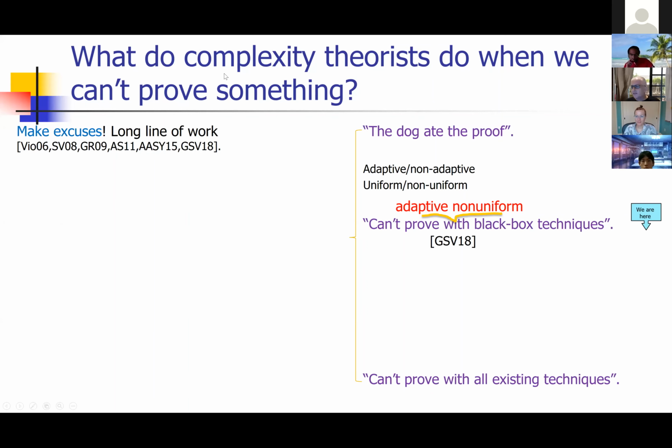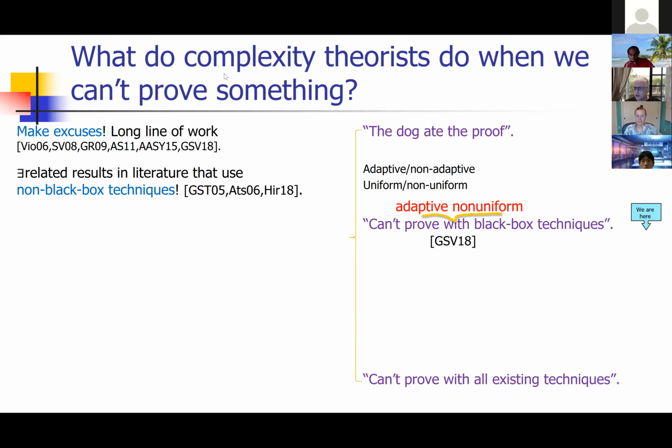The problem is that this is not a very good excuse because there are related results in the literature that use non-black box techniques. The first result that I'm aware of in a related context of hardness amplification is with Gutfreund and Tashma. But the most famous result that we have now is by Hirahara from two years ago.